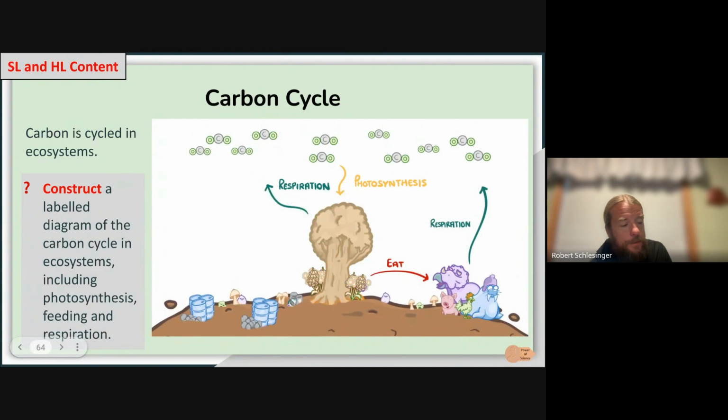When these plants and animals die though, 2 more things can happen to the carbon. One is that the organisms are decayed by microorganisms that live in the warm, moist, aerobic conditions of the soil. These will break them into smaller and smaller pieces until all of the carbon has been released as carbon dioxide during microbial respiration.